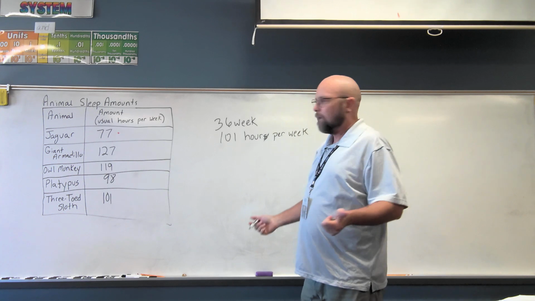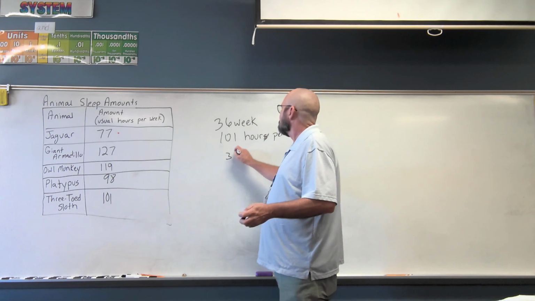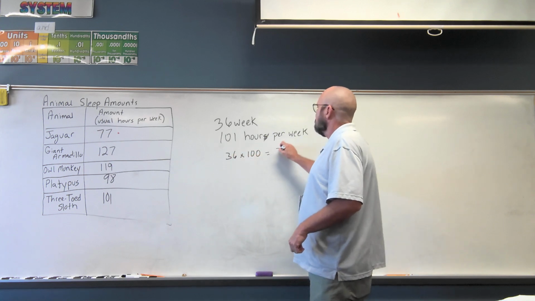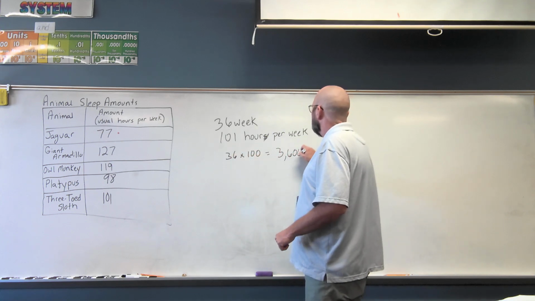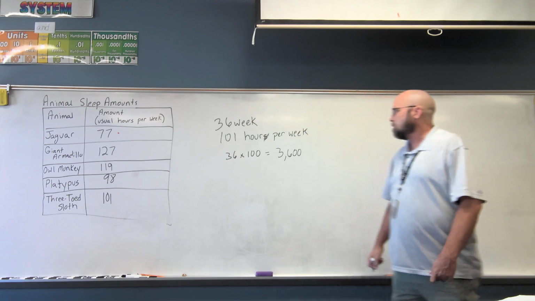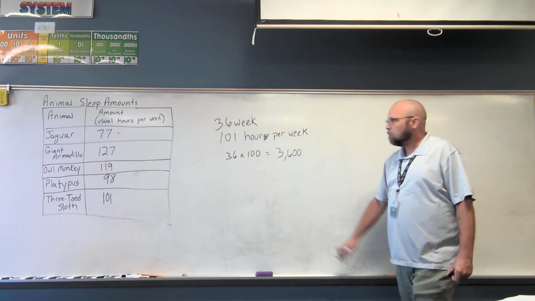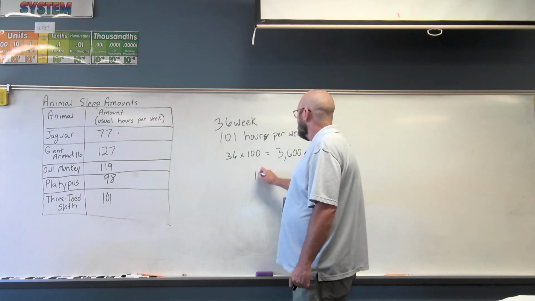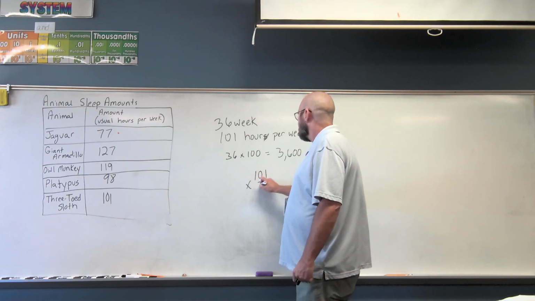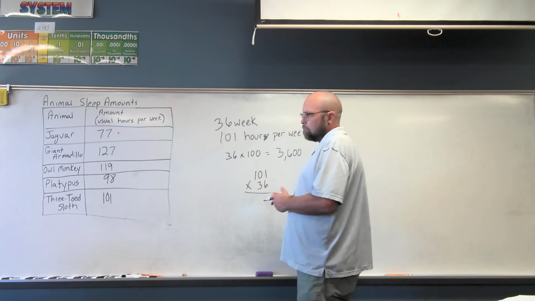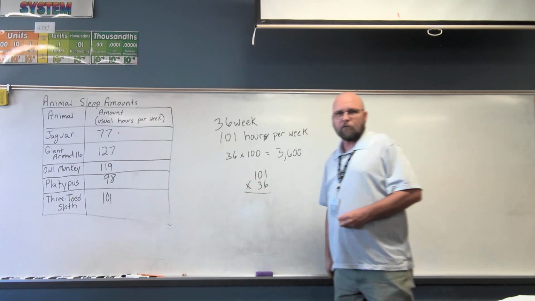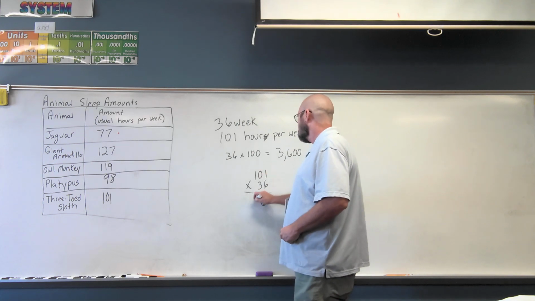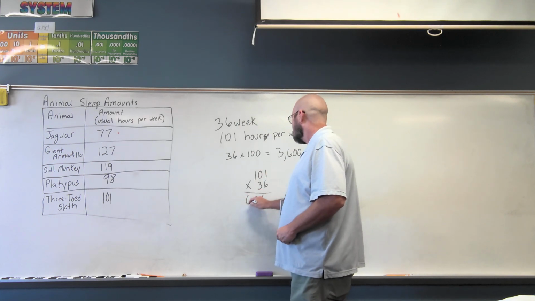Okay, again, I'd want to estimate this. So I'd do 36 times 100, and that would give me 3,600. So my guess would be around 3,600. I would then multiply 101 times 36, which is very easy because really all I need to know is my ones. 6 times 1 is 6. 6 times 0 is 0. 6 times 1 is 6.